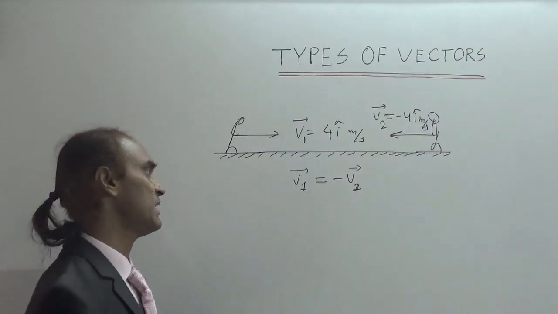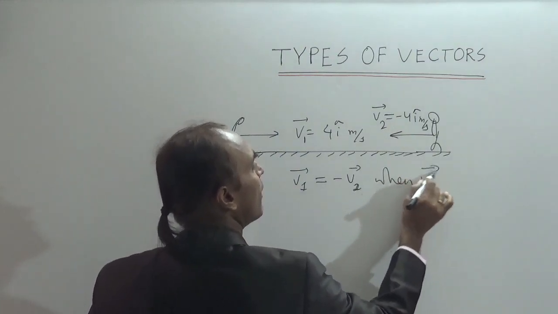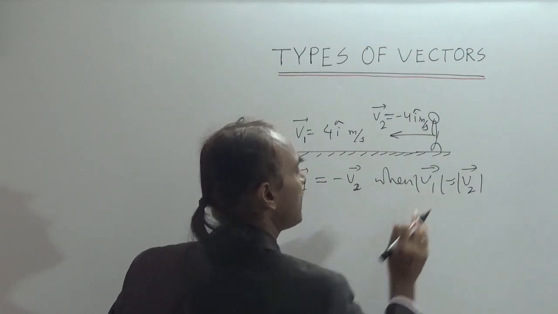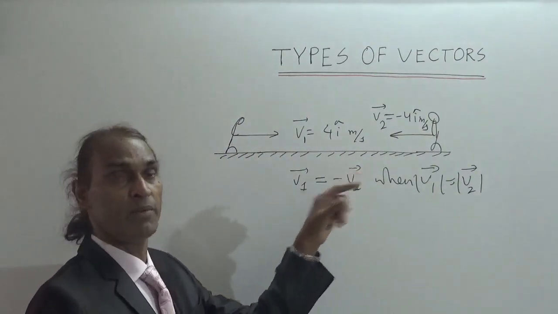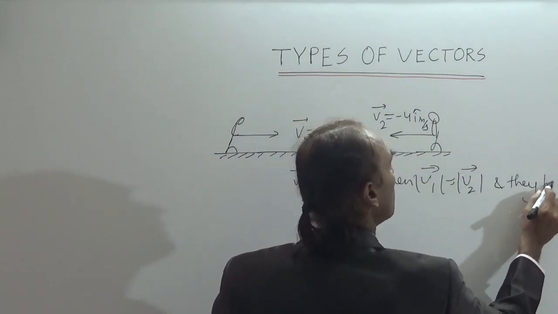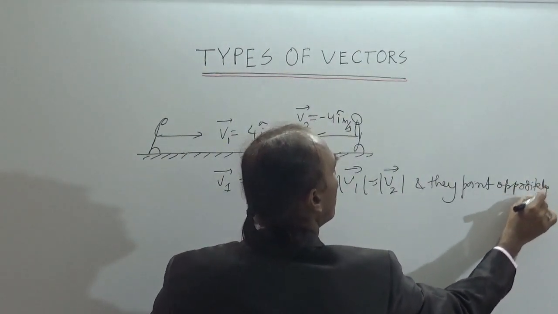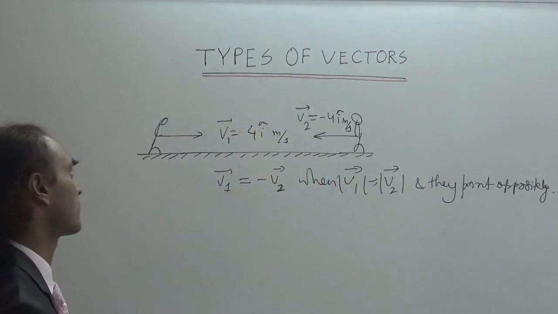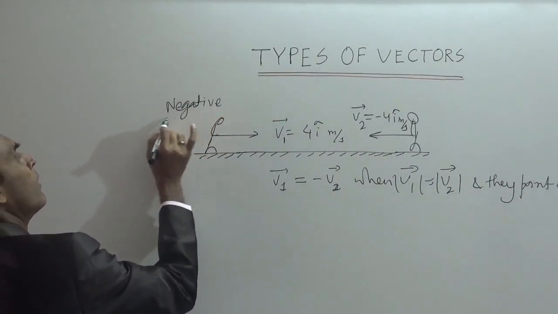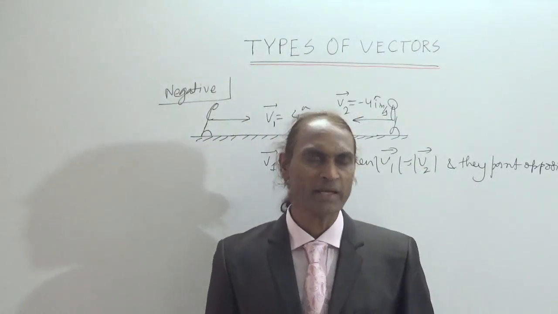These two vectors are negative when they have the same magnitude but opposite directions, and they point oppositely. This is called a negative vector.